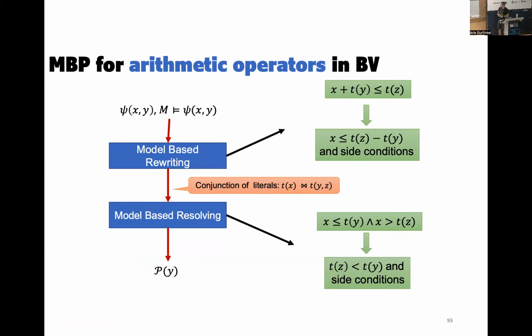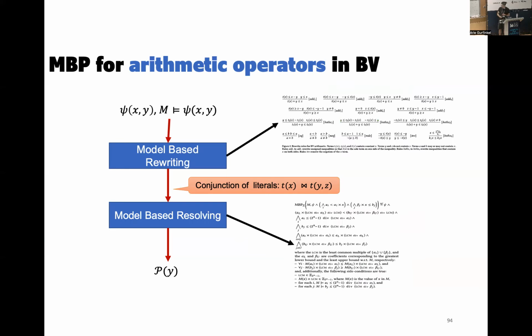I just want to point out that in model-based projection, there's a step of rewriting, because we want to isolate the variable we're eliminating on the left-hand side. Again, we can do this isolation using rewrite rules, which are specific with a whole bunch of side conditions, and we can mine the side conditions from the model. And if no rule applies, then we can just replace the variable by its value in the model.